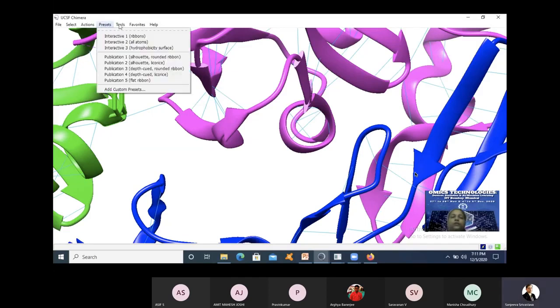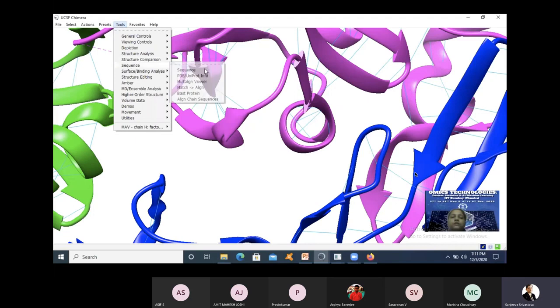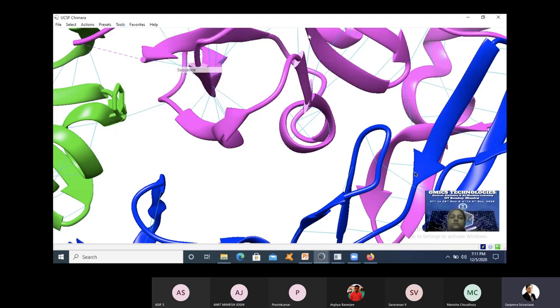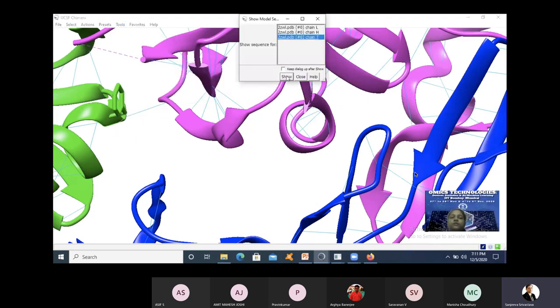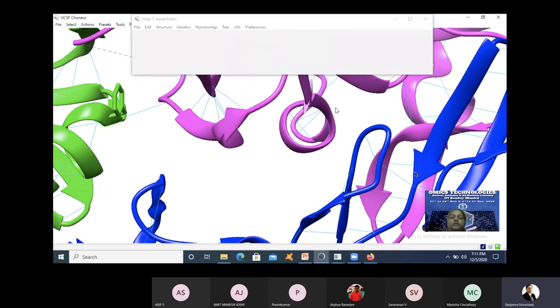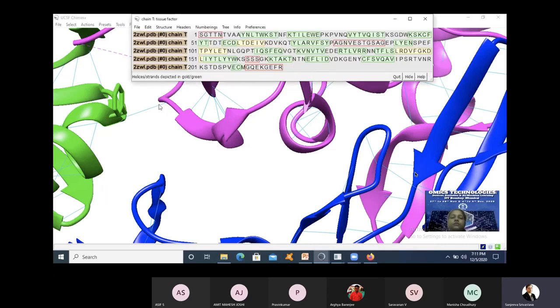Then I'll go to the next sequence, which is tissue factor. If I say show, this particular residue is tryptophan 45 of tissue factor.